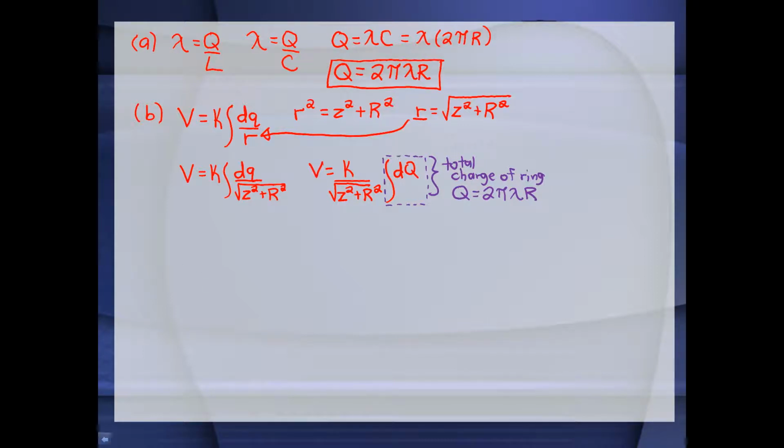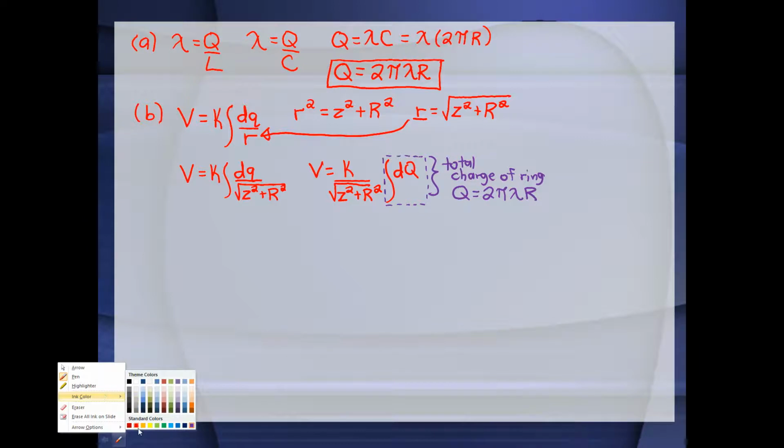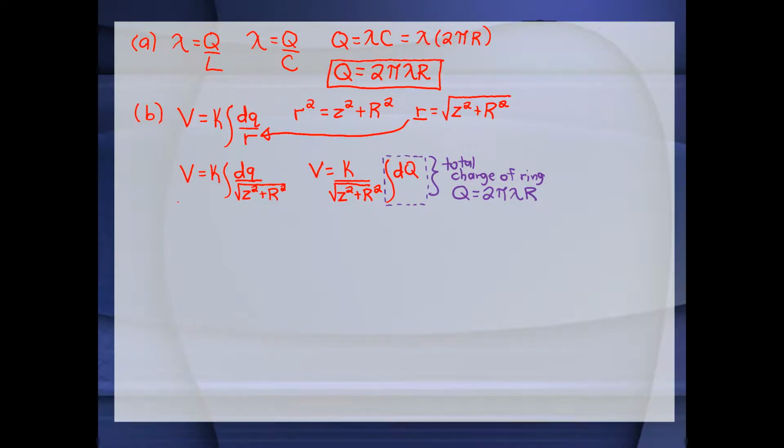So this would then be V equal to K over the square root of z squared plus R squared, and then multiply by Q, which is 2 pi lambda times R. And then if we combine everything in the top together, we get our electric potential at that point.